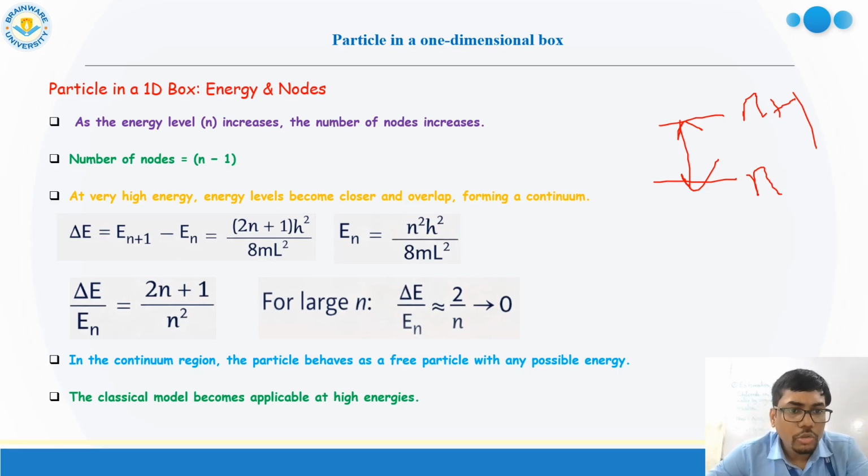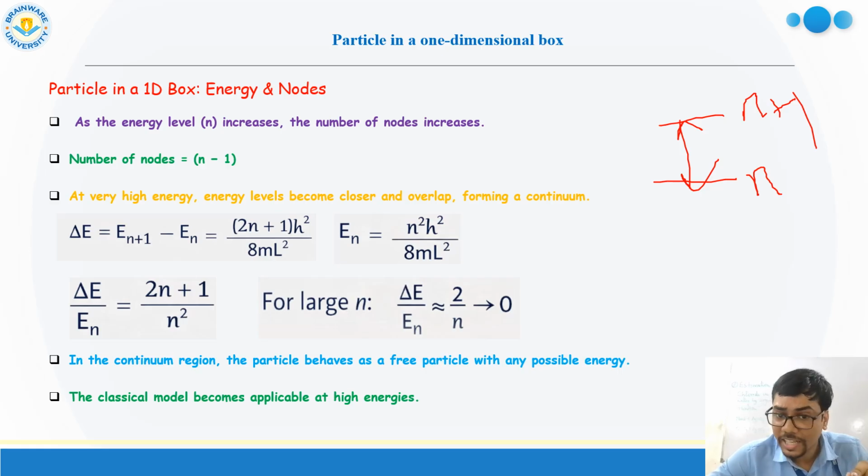Now if I want to find the relative spacing, that will be delta E by En. Delta E is the spacing between two successive energy levels, and En is the energy of the nth level. So you get (2n plus 1) by n square. Now, if the n value is very large, you can neglect 1 with respect to 2n, so 2n by n square gives 2 by n.